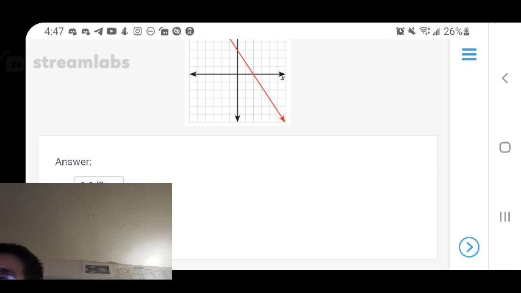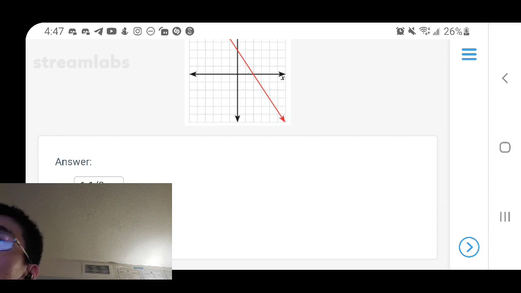Half x plus y is c. Let me trace myself. So x and y. X is 2, y is 0. X is 0, y is 3. So I plug that into the ax.